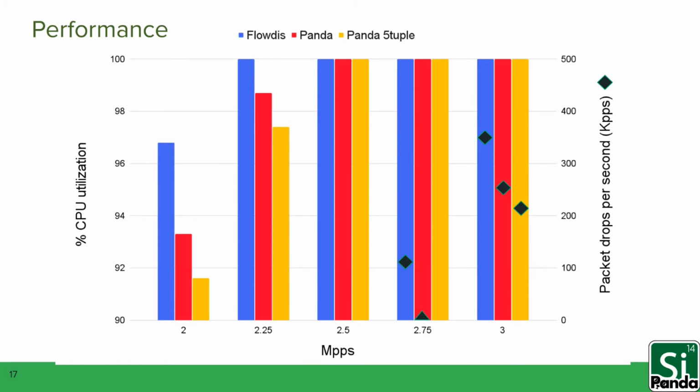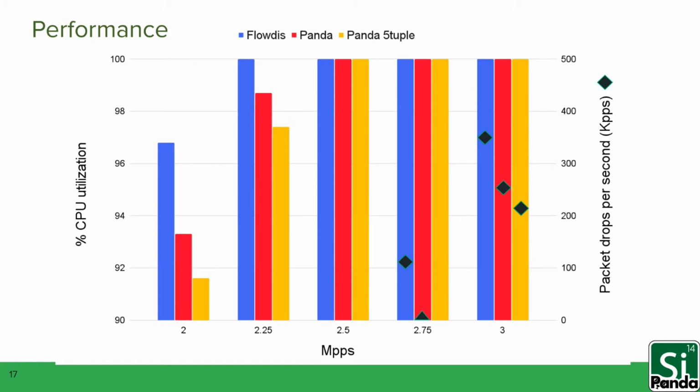So what we see here is that if we start at 2 million packets per second, PANDA and the PANDA 5 tuple have significantly lower CPU utilization. There are no packet drops yet, but we are shaving off a few percentage points from flow dissector. And you have to remember that there's a relative thing happening.